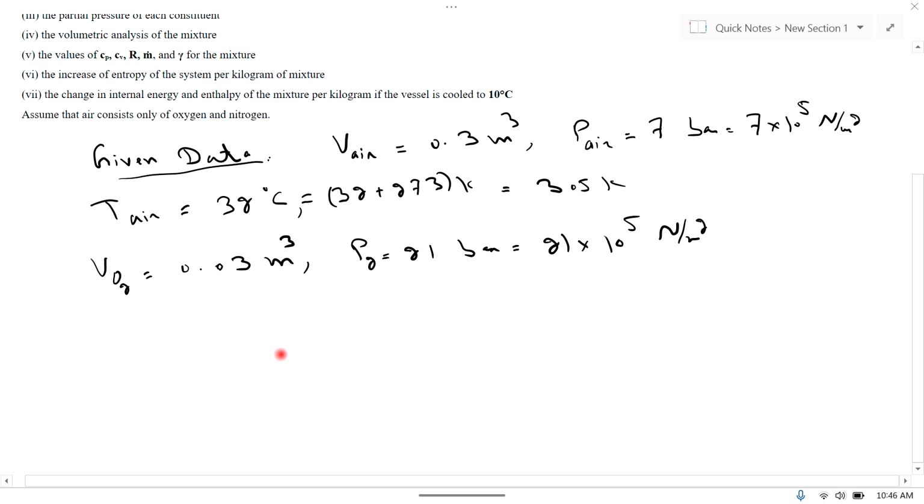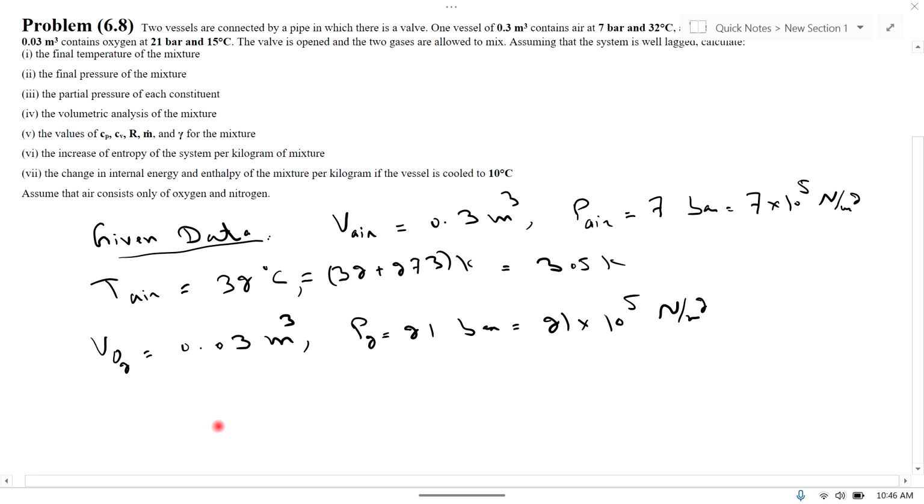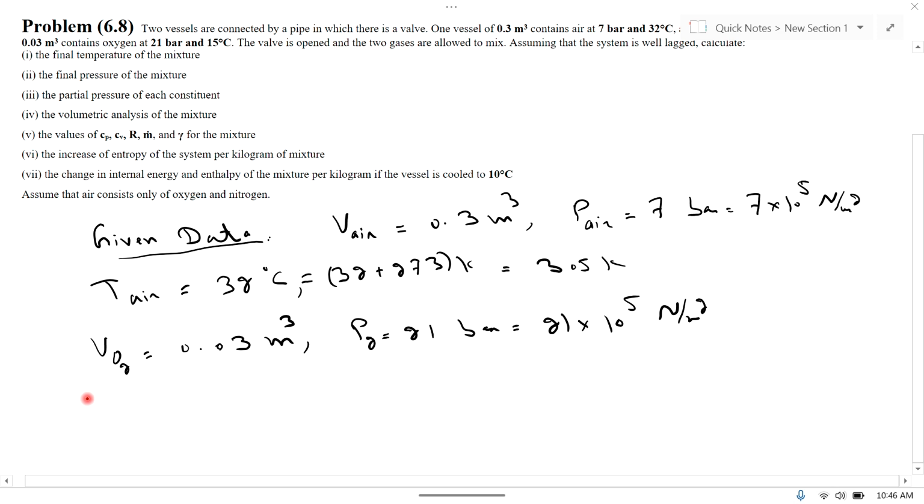And temperature 15 degrees centigrade. So T of the container having oxygen is equal to 15 degrees centigrade. Convert this into Kelvin, which is equal to 15 plus 273 Kelvin, which is equal to 288 Kelvin.